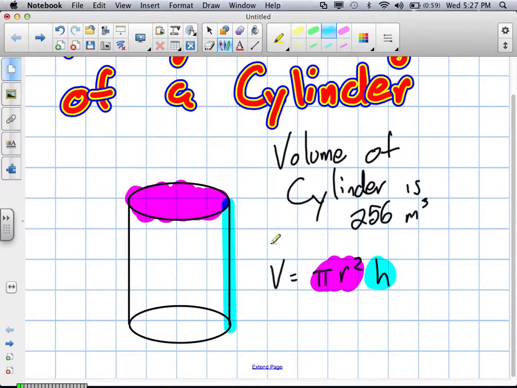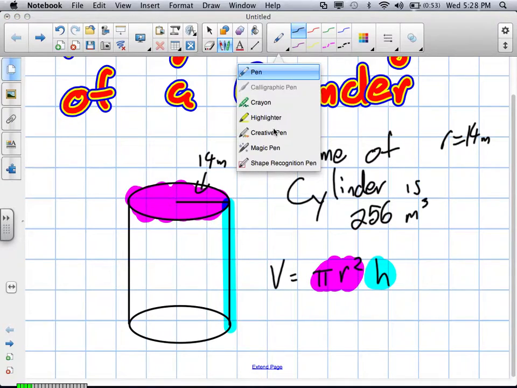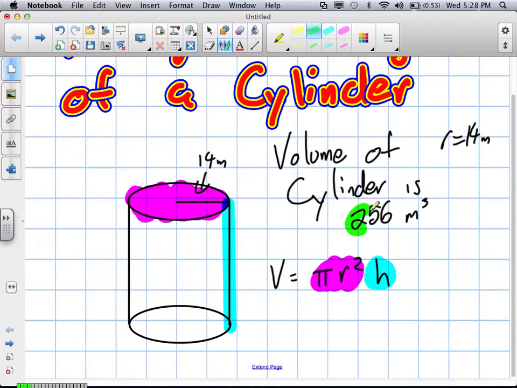So that's how you get the volume of a cylinder. In this one, they've given you the volume, and they've also told us the radius of the circle. So we're going to say the radius of the circle was maybe 14 meters. Might not be very deep, this cylinder. So radius is equal to 14 meters, and the volume is 256 cubic meters.